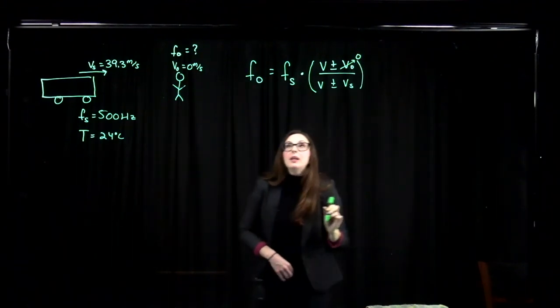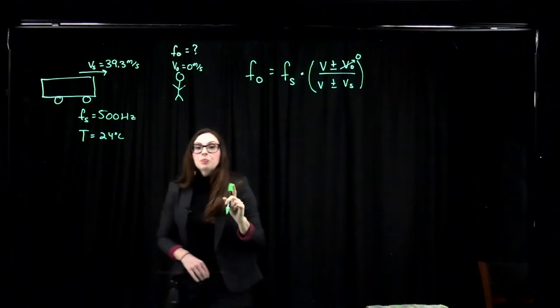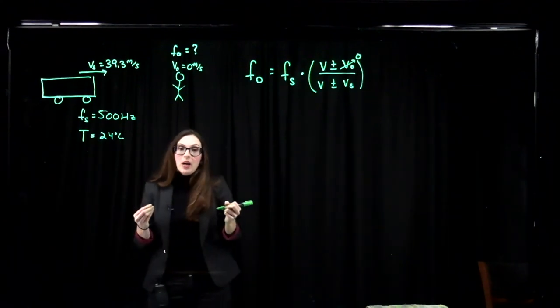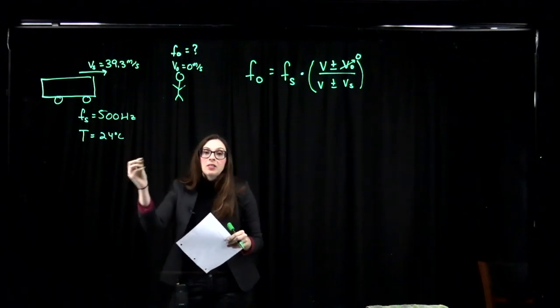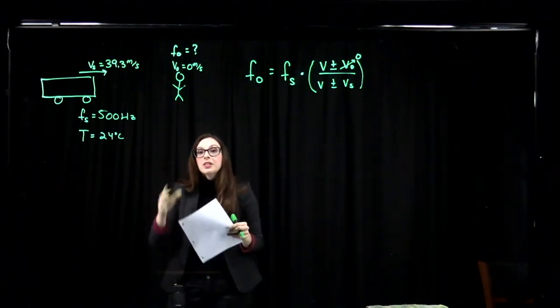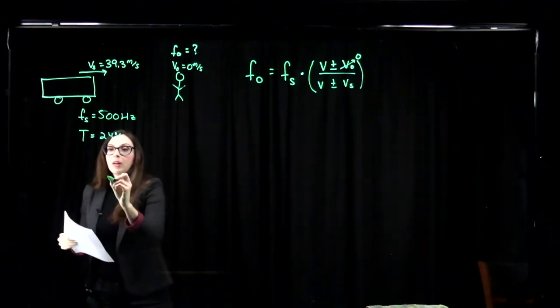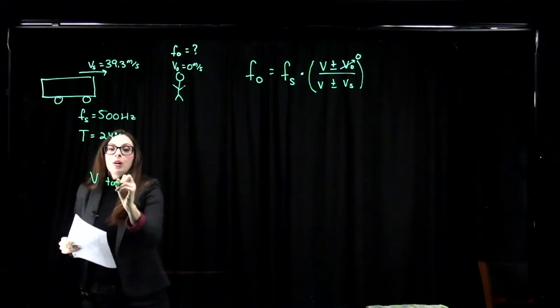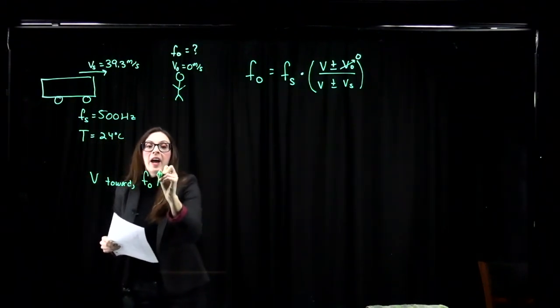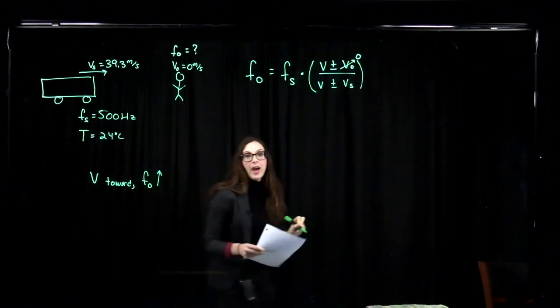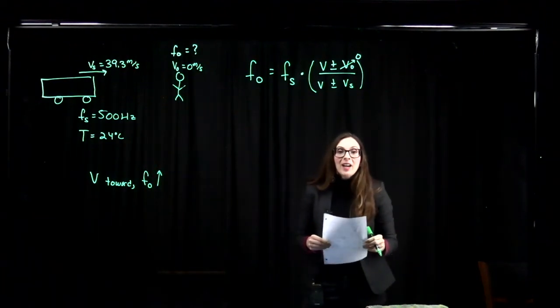That helps us out a little bit. But we know that when an object moves toward us, its frequency must increase. The frequency that we hear as the stationary observer must increase. So if V is toward, the frequency heard by the observer has to go up. We know that because of the Doppler shift effect.